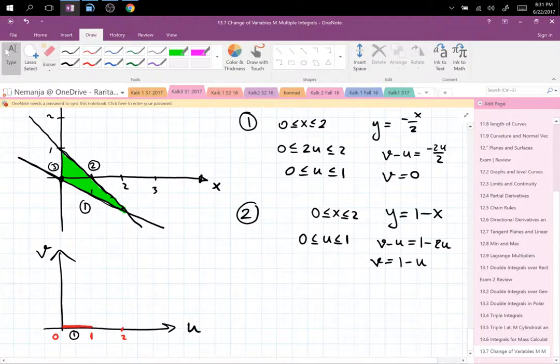So what now? To 1. It would be a 45-degree line. 45-degree line. It starts at 1.